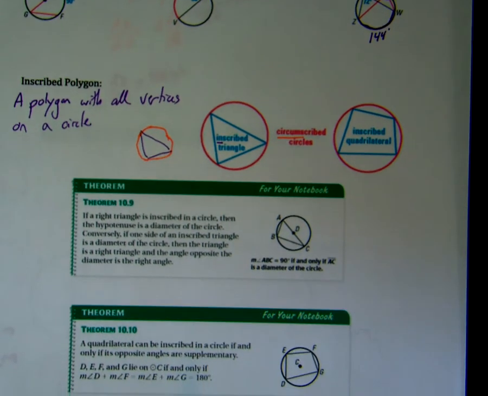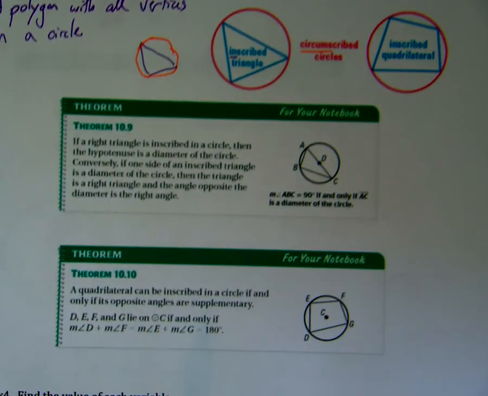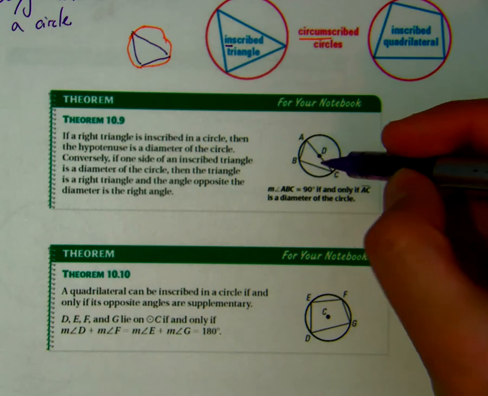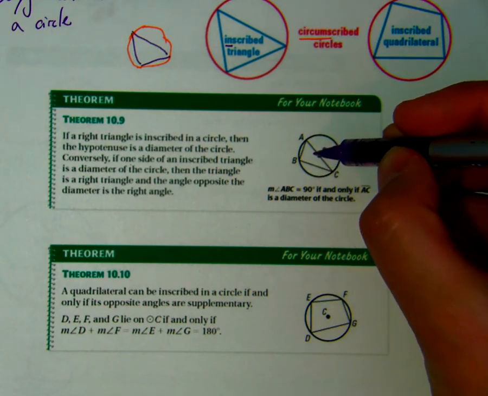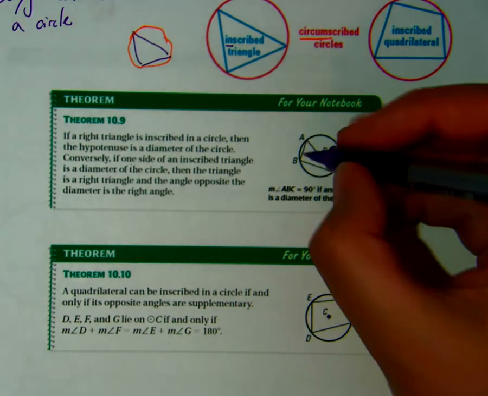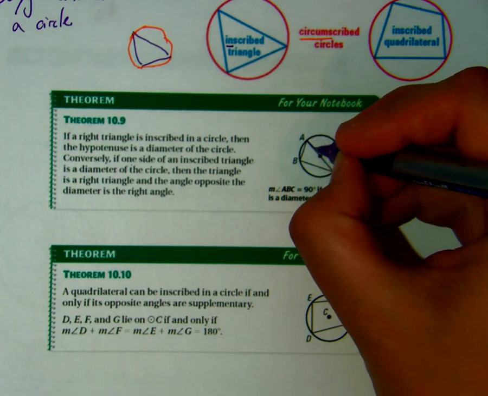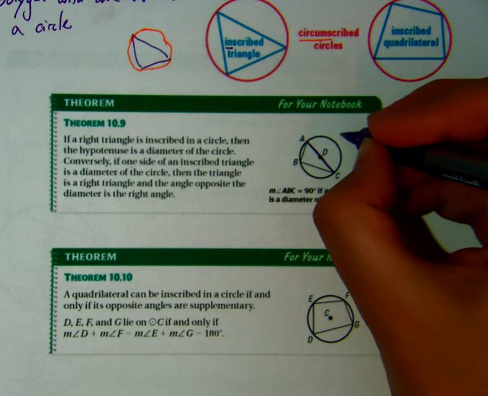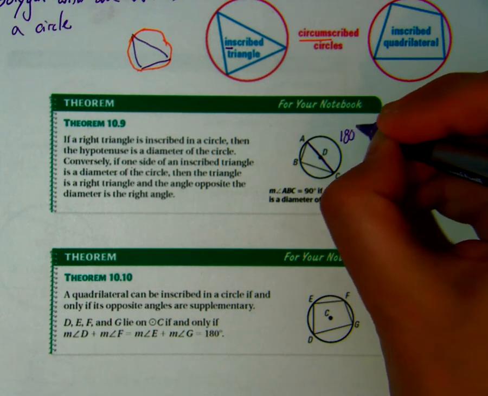Okay, that's a very, very useful theorem, that actually isn't anything new, because we already know that the measure of an inscribed angle is half the measure of the intercepted arc. So if you have a diameter, then it cuts the circle into semicircles, which are arcs of 180 degrees.